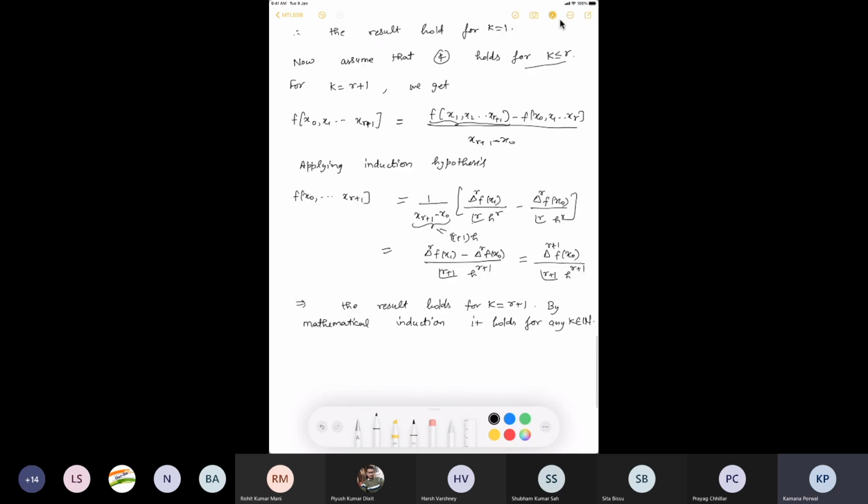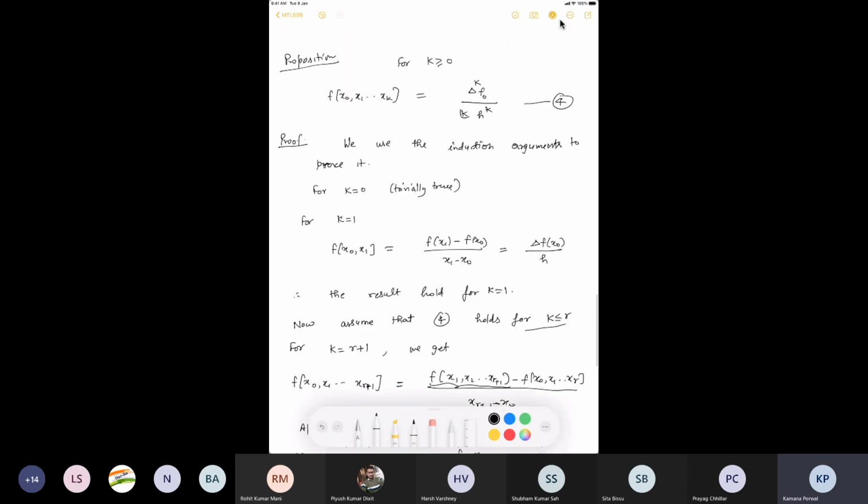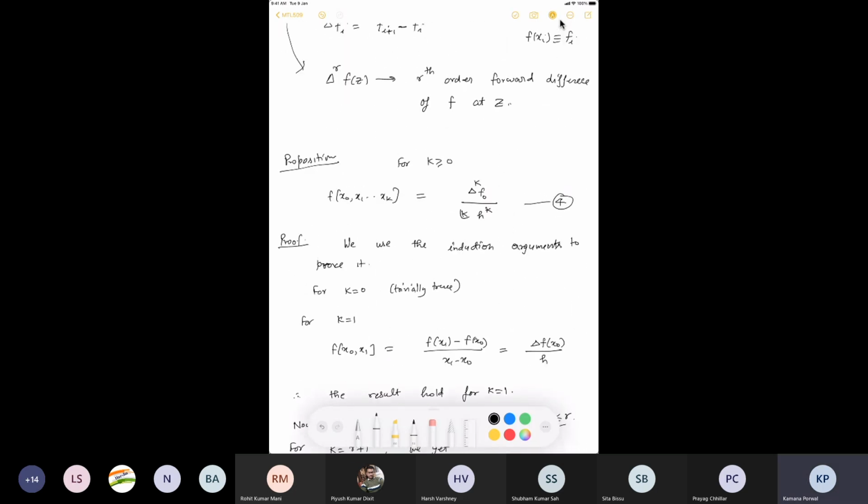All right. So we have obtained a relation between the divided differences and the forward differences. Now to write the interpolating polynomial in terms of the forward differences, I'm simply going to use this formula. Let's call it proposition 1.